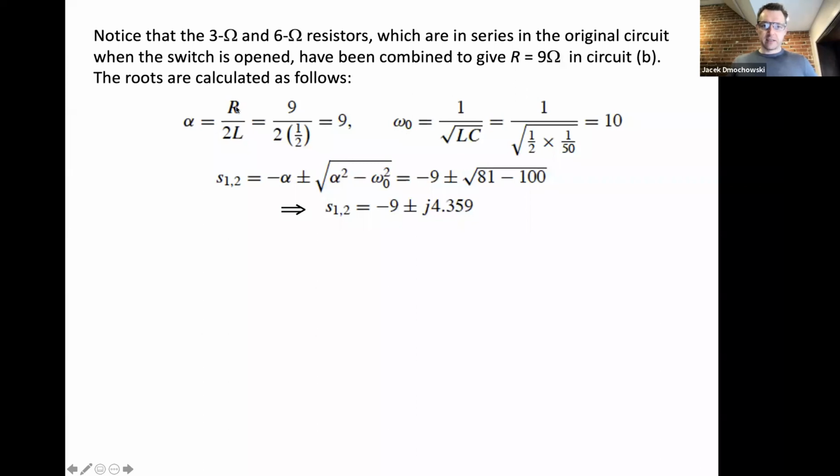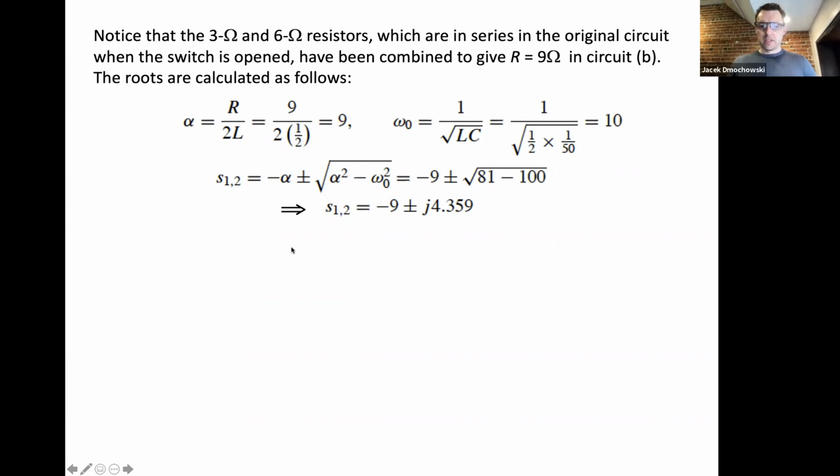So our alpha is R over 2L. So this is just simple arithmetic. You just compute your alpha, you compute your omega. In this case, alpha is less than omega. That's called the underdamped case. That's when what's inside the square root is negative. And so we have two complex roots.